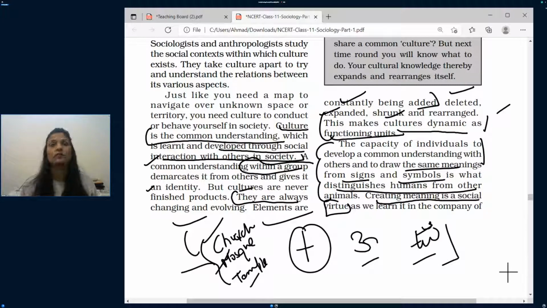Every religion will have some powerful deity or powerful abstract things which we relate to. And it is giving us identity. So culture is basically giving us identity. I belong to Indian culture, and this is the way I live my life. You belong to American culture, you have a Western way of life.